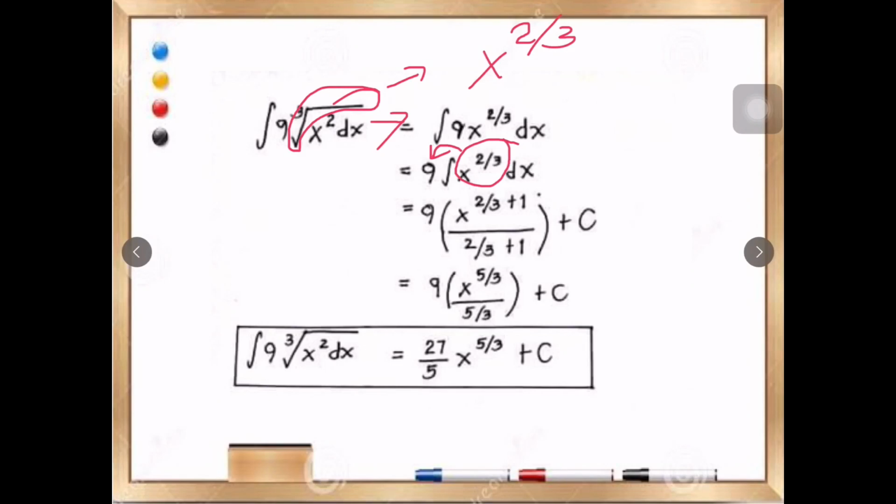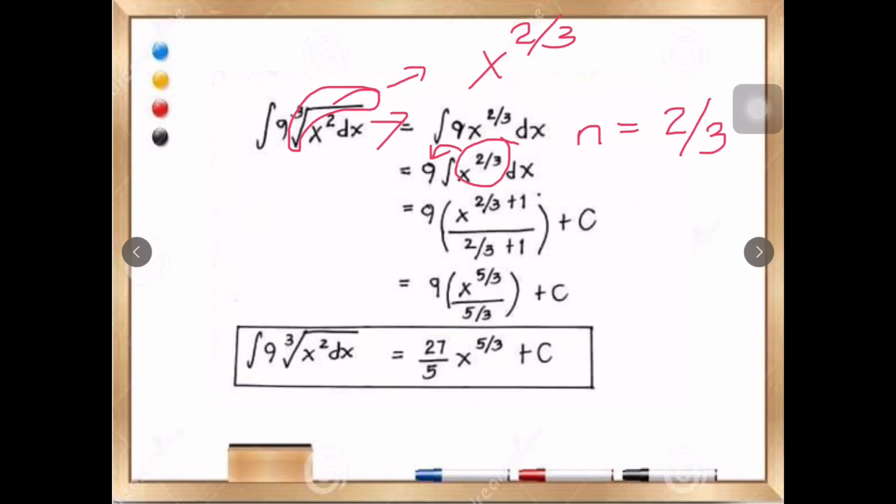Since our exponent is 2 over 3, our n is equal to 2/3. Continuing, 9 multiplied by x raised to 2/3 plus 1 over 2/3 plus 1, plus our arbitrary constant c. By adding 2/3 plus 1, we get 5 over 3.